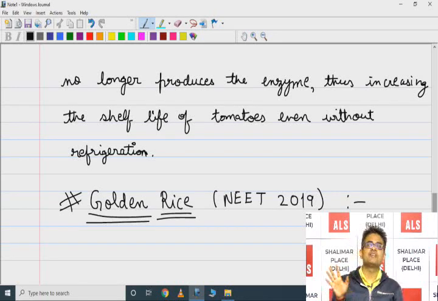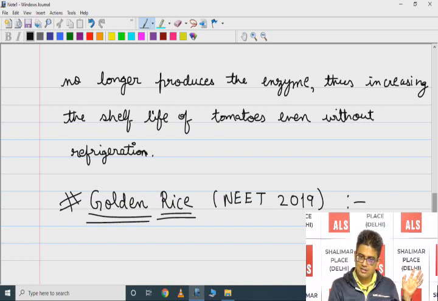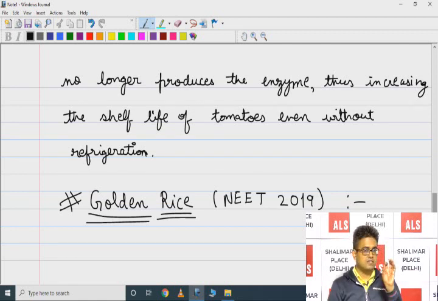If you tell anybody, even your teachers, that carrots do not contain vitamin A at all, they will be surprised. They will say that you are thinking wrong. But actually, that is the case. Carrots contain beta carotene, and this is a very quick reaction.